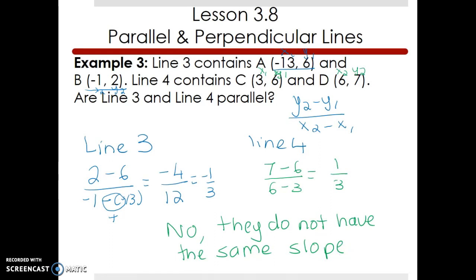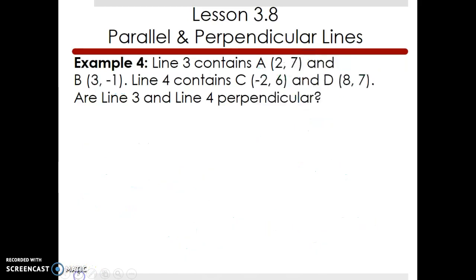We're going to try the same thing with perpendicular lines. Same formula, let's say line 3 and line 4. This time we're doing negative 1 minus 7 over 3 minus 2.